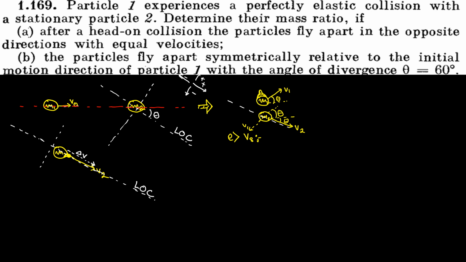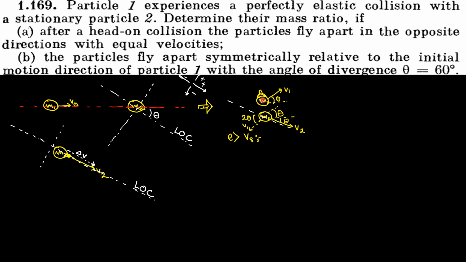So how much is this angle? This angle is nothing but this angle. They're diagonally opposite. So if this angle is theta plus theta, then this entire angle would be 2 theta. For those who did not understand why I have taken v1 in this direction, it is the concept of relative velocity.